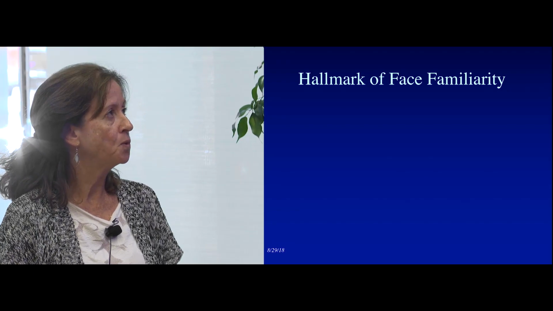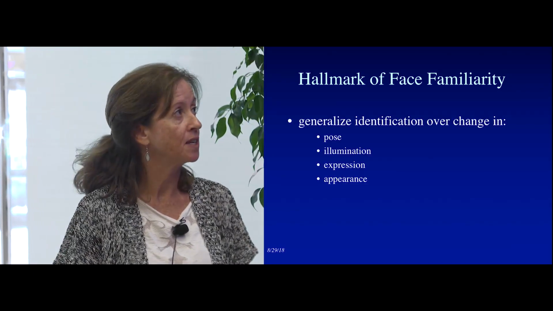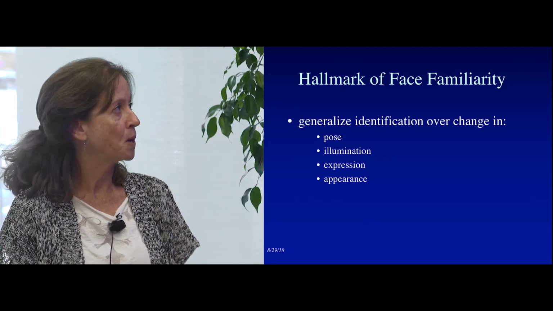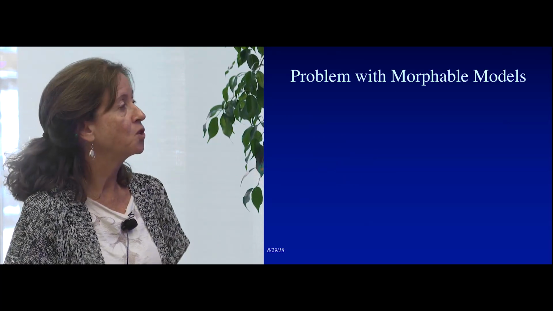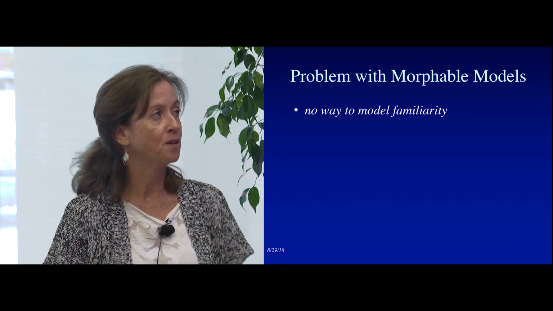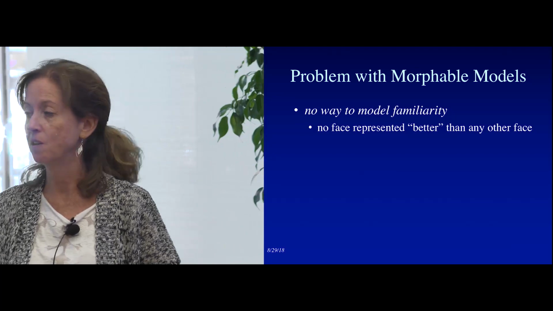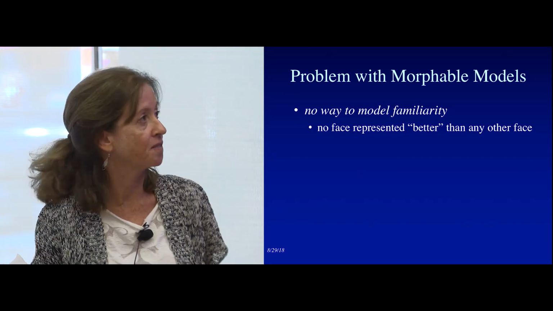So to state the obvious, the hallmark of face familiarity is we're able to generalize identification over changes in pose, illumination, expression, and appearance. Okay? So the problem with morphable models is that there's no way to model familiarity, and that's because no face in that network or in that face space is represented any better than any other face.